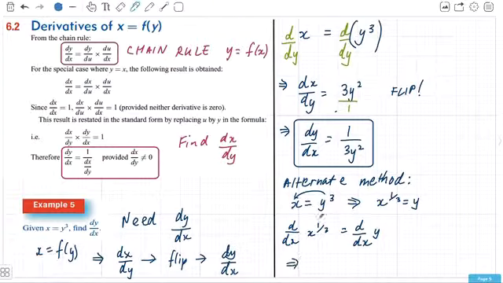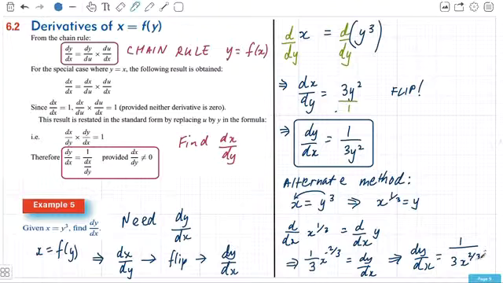That would give you a third of x, take off 1 from that power of a third, so a third minus 1 is negative 2/3, equals dy/dx. And so dy/dx equals this negative power, which means it goes underneath, so it would be 1 over 3 times x to the power of 2/3. That would be the alternate way of doing this question.